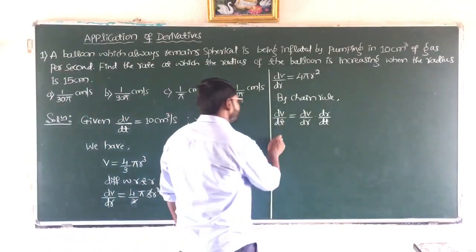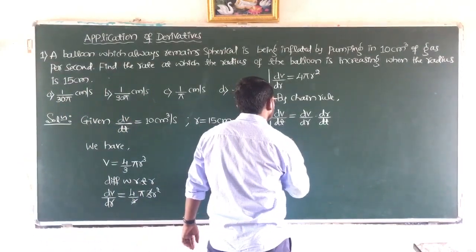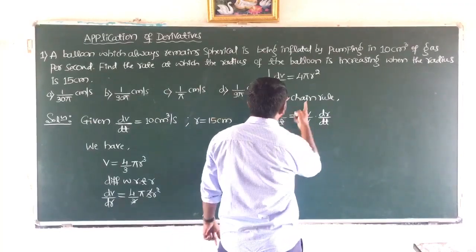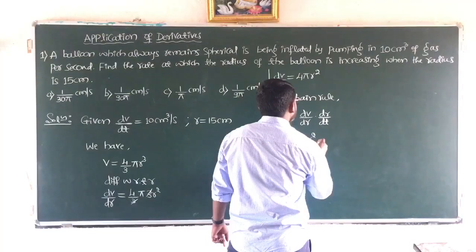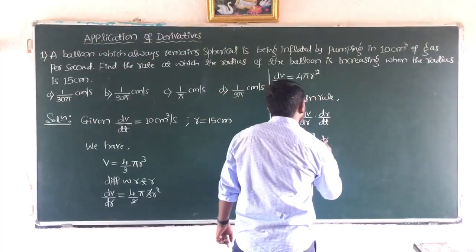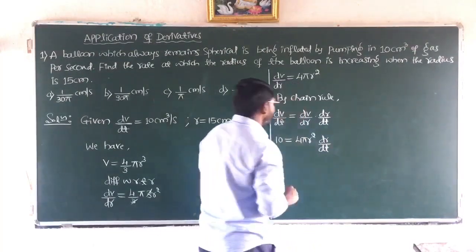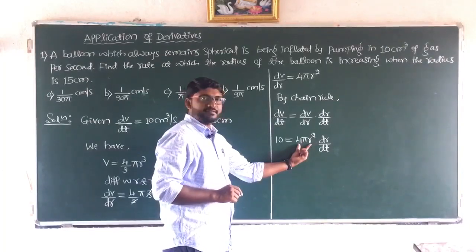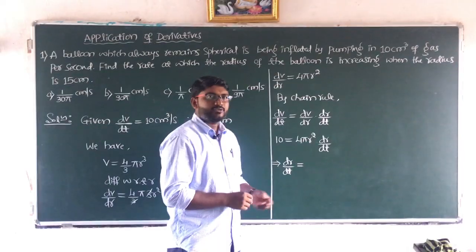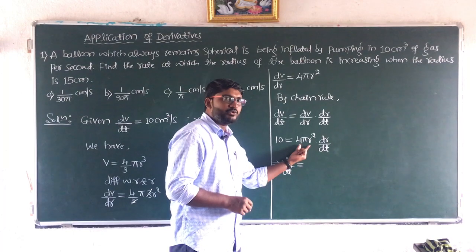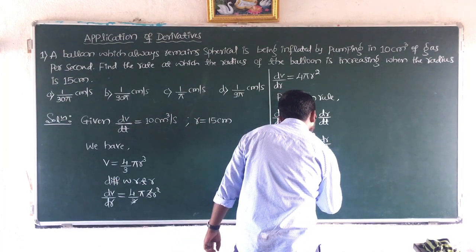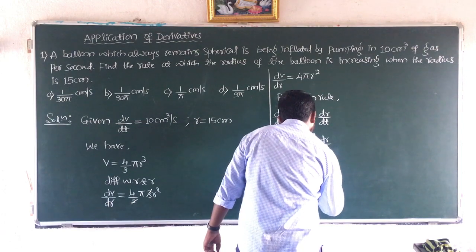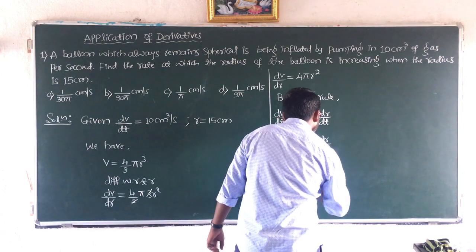So 10 equals 4 pi r square times dr by dt. Now take 4 pi r square to the LHS, it goes to the denominator. This implies dr by dt equals 10 divided by 4 pi r square.